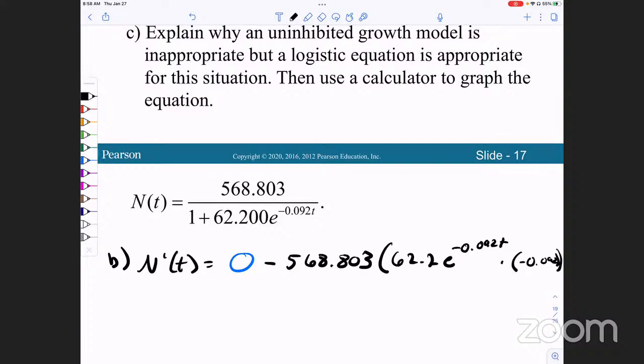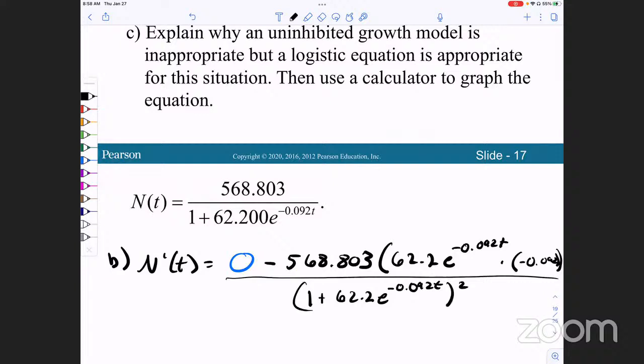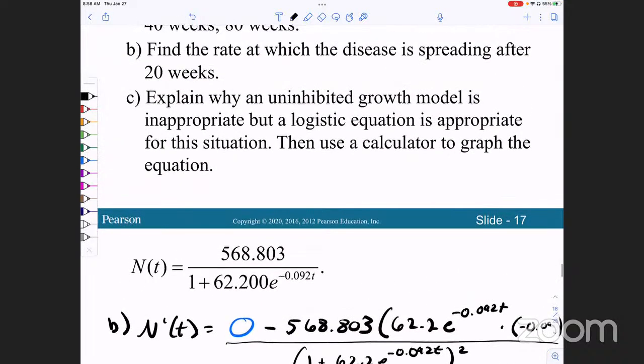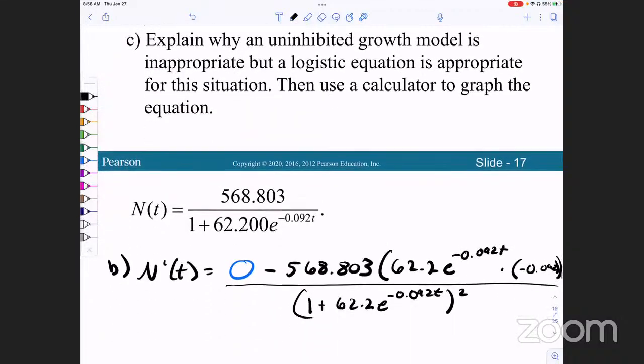So we said the bottom times the derivative of the top minus the top times the derivative of the bottom, over the bottom squared. So we're going to have this 1 plus 62.2 e to the negative 0.092t, quantity squared, right? We can simplify some of the numbers. And then it also asks us to find the rate after 20 weeks, right?